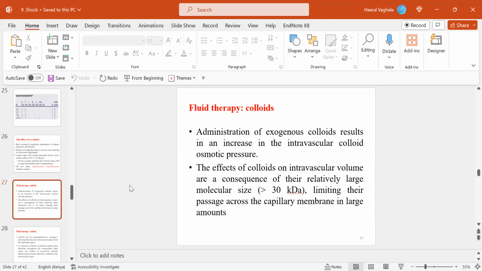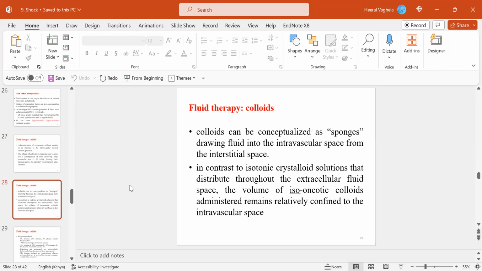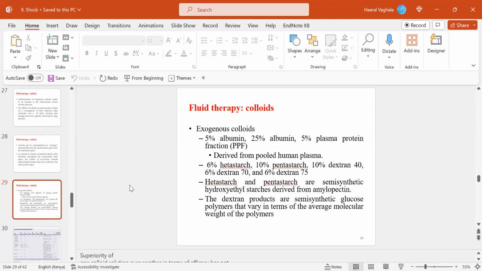So that fluid in the interstitial space will now get into the blood, increasing the blood volume. Some examples would be albumin, hetastarch, pentastarch, plasma protein fraction, which all have a high molecular weight, and because of the osmotic effect, they increase blood volume.